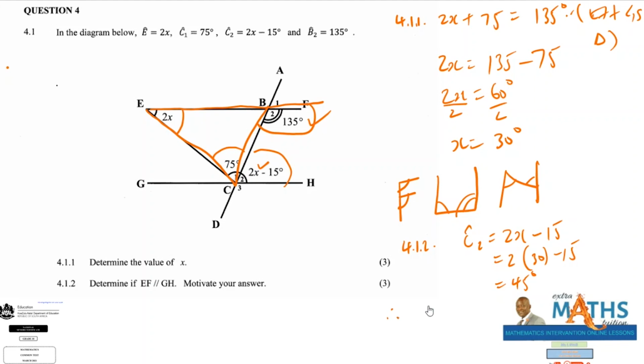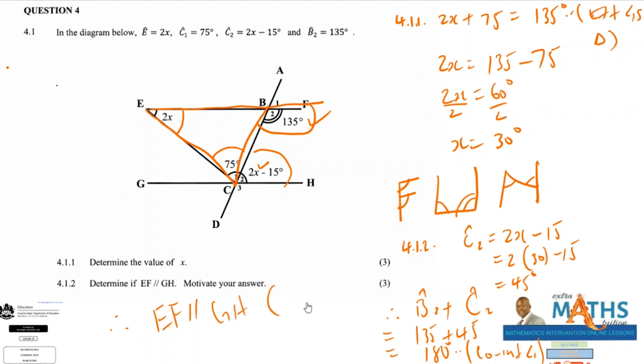We say therefore B2 plus C2 is equal to what? 135 plus 45 is equal to 180 degrees. Wow. To motivate your answer, they are co-interior angles. Then we can conclude that EF is parallel to GH because these angles are co-interior. Co-interior angles are supplementary. They add up to 180 degrees.